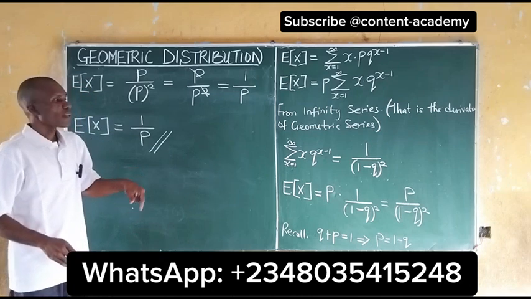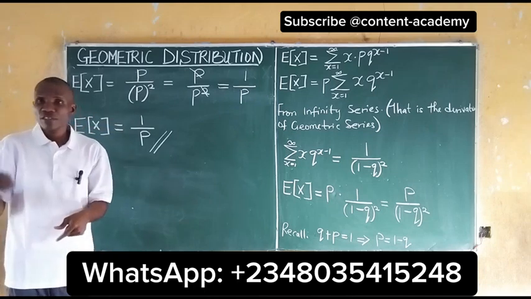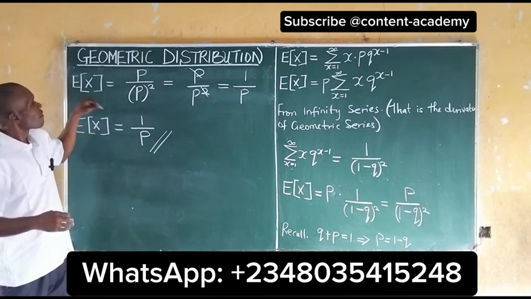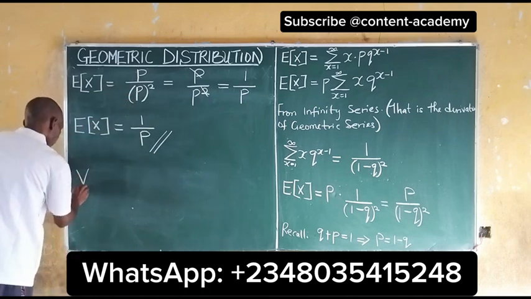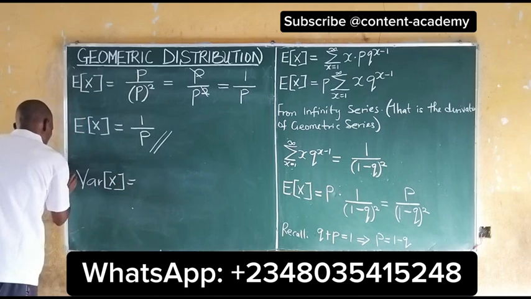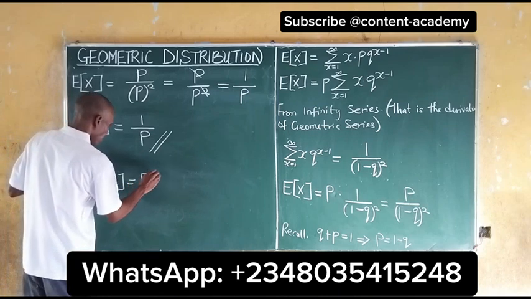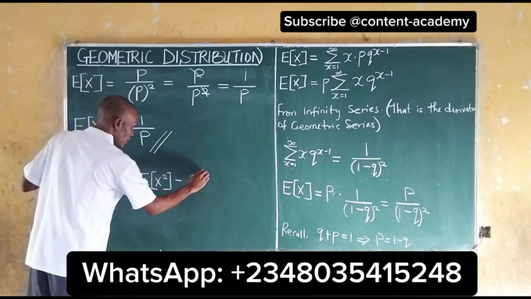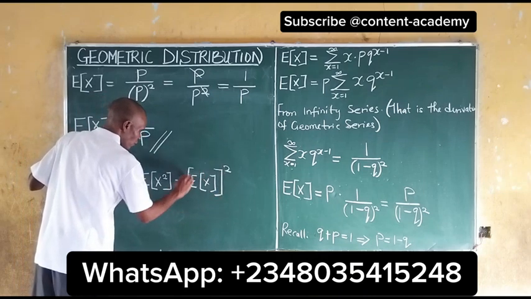So we'll now move over to calculate the variance for the geometric distribution. We have that our variance of X, which is number 2, is equal to the expected value of X squared minus the expected value of X all squared.